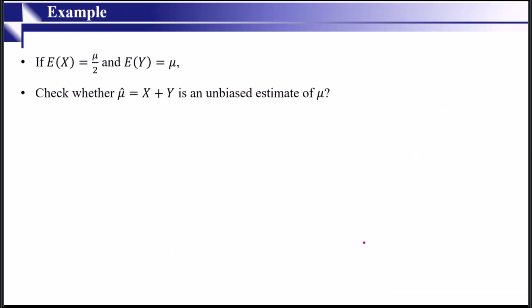Here is an example to check unbiasedness. Suppose we have an estimator and we want to see if it is an unbiased estimator of a parameter or not. The bias will be calculated as the expected value of the estimator minus the parameter, as we have seen already. So E of theta hat should be equal to theta. So we want to check whether mu hat equal to X plus Y is an unbiased estimate of mu or not.